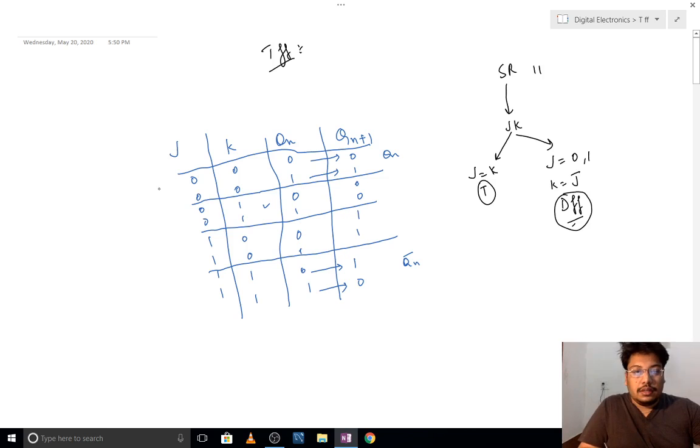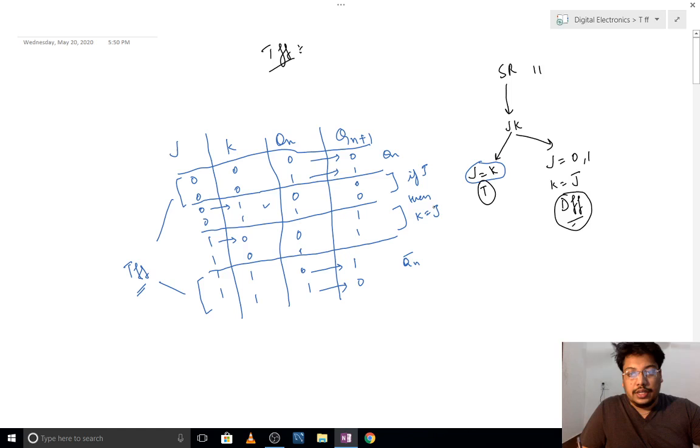Now if you check this part and this part where J is equal to K, whether 0 or 1, it is called as T flip-flop. And if you check this case where J is equal to 0, K is 1, and J equal to 1, K is 0, it means K equal to J bar, both are inverted, then these are called as D flip-flop.